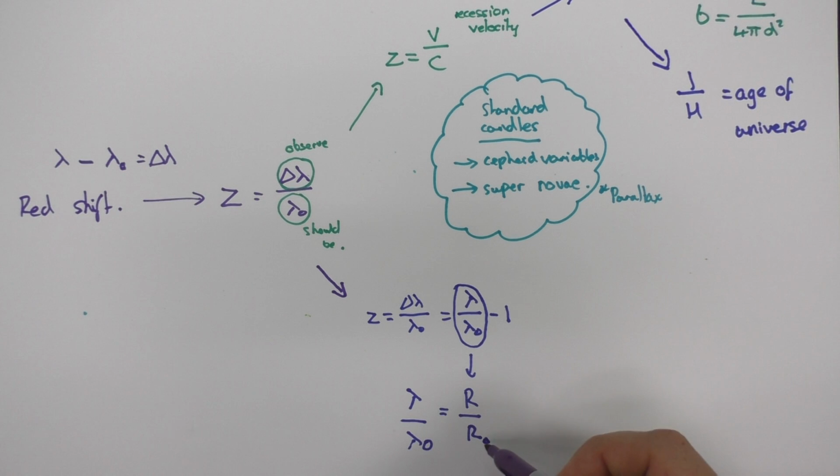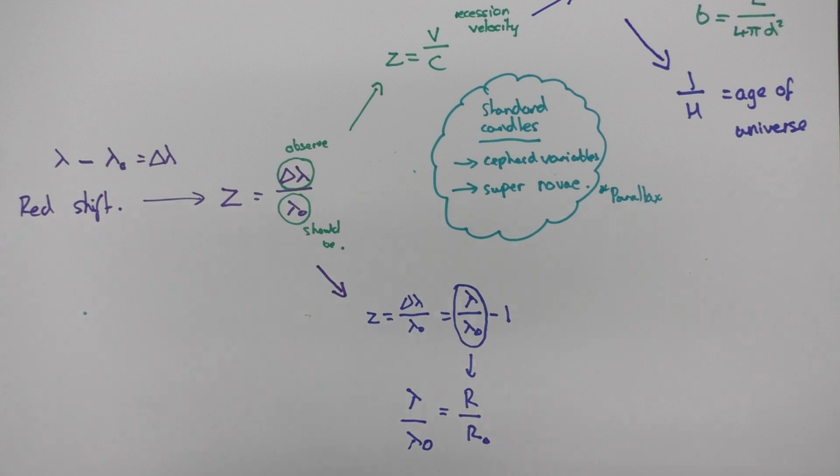So at the time when the radiation was emitted, the universe was this size, and now it's this size. Hence the fraction makes sense. And we can use this to indicate how much bigger the universe is than when this happened.